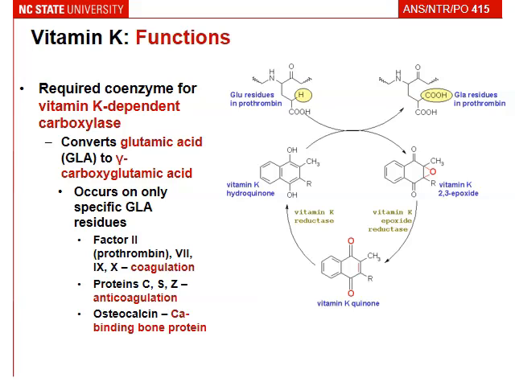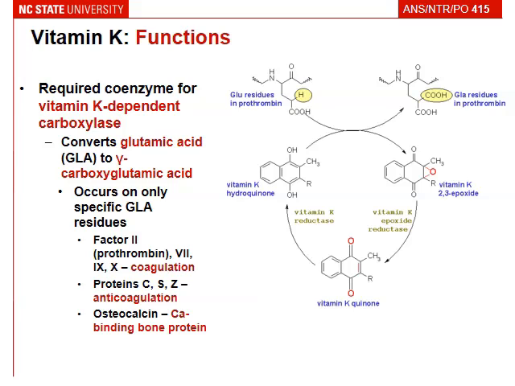There are various proteins that utilize this, and the main ones that we always think of are the coagulation ones. There are actually 13 proteins involved in coagulation, and 4 of the 13 need vitamin K to convert the glutamine to glutamic acid.